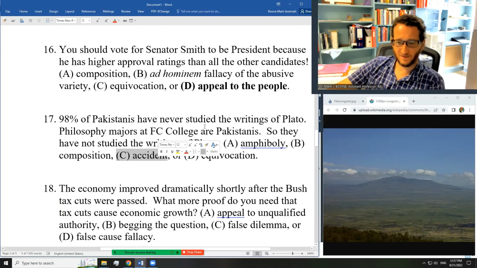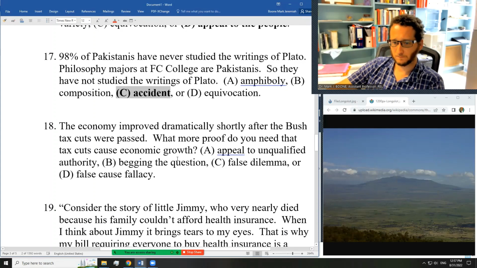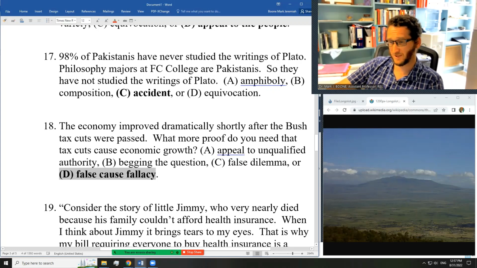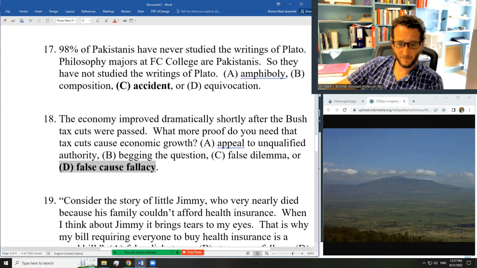Ha. Number 17, clear case of accident. Number 18, I'd like to look at more data on an argument like this to be sure, but the best answer available is false cause fallacy. I think by itself it might be fallacious, but as part of a broader argument that looks at more data, this might be just fine.